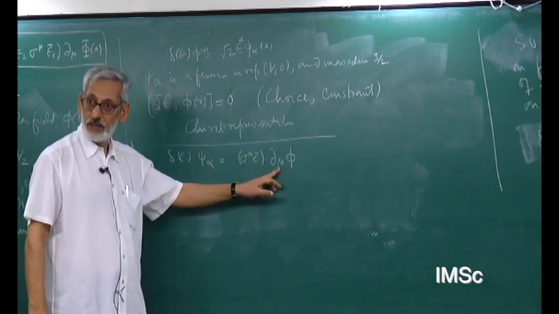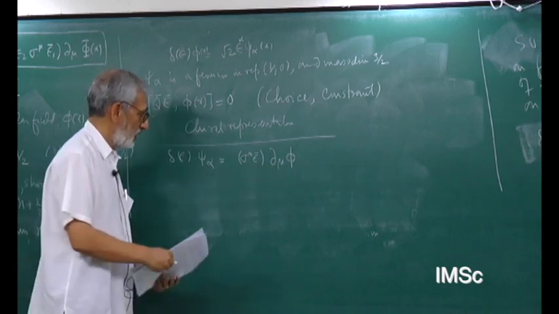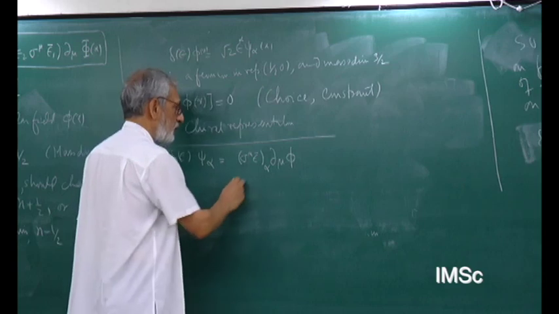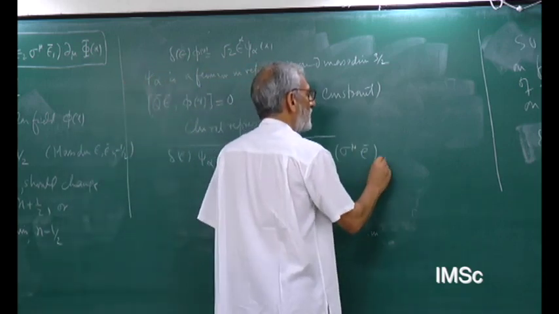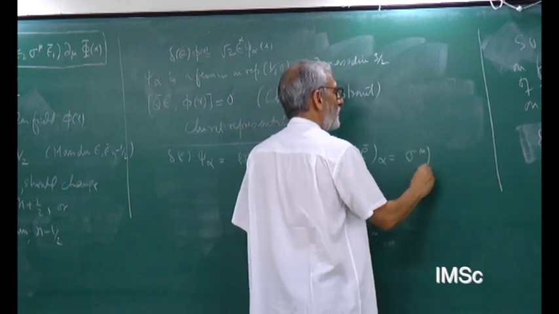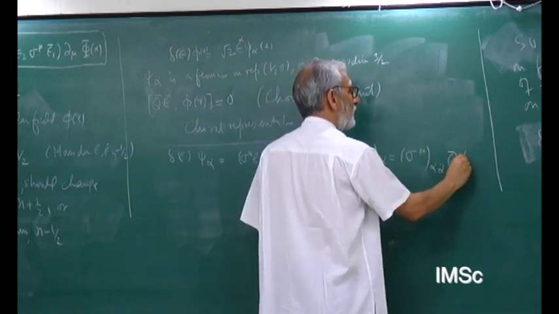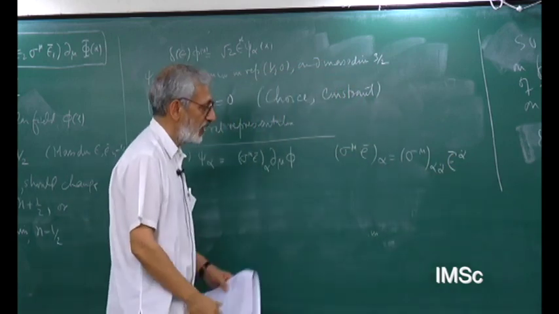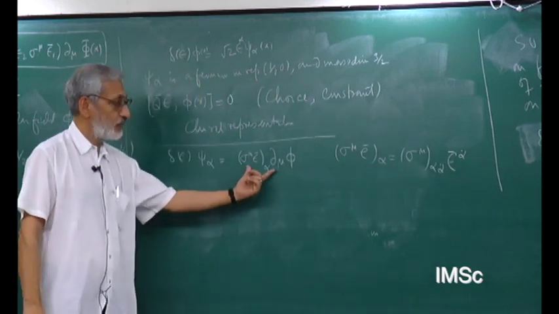Mu has been contracted, so there is no free mu. Sigma mu epsilon bar is the shorthand: sigma mu has indices alpha alpha dot, contracted with epsilon bar alpha dot. Alpha is the free index. Alpha dots are summed. So this is what it can be.